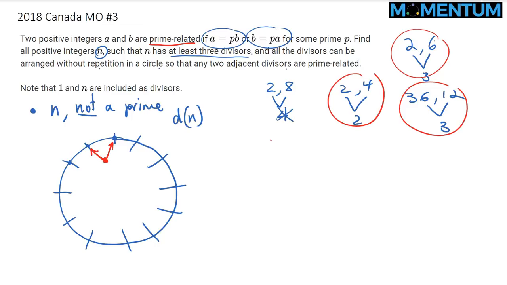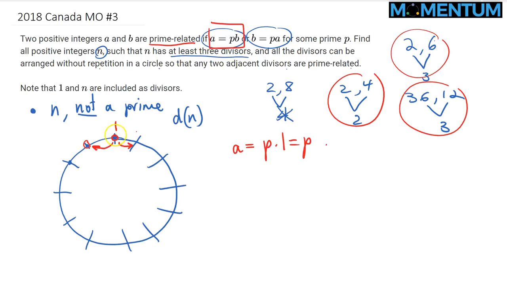So for instance, when I first read the problem, one of the first things that I started thinking about was 1. The 2 neighbors of 1 should themselves be primes. Obviously the 2 neighbors would be larger than 1 itself, so whatever number you are putting next to 1, a is equal to p times 1, which is just p.